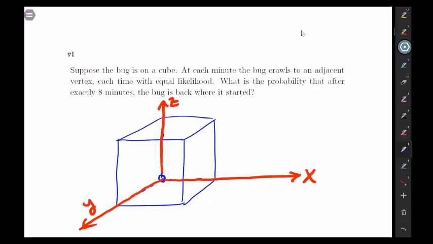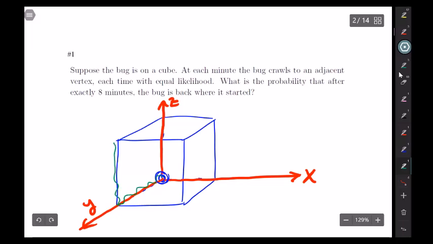Okay, so can you give me a sequence of moves? Let me give you the sequence. For instance, we can start at this point, and I can move like that.